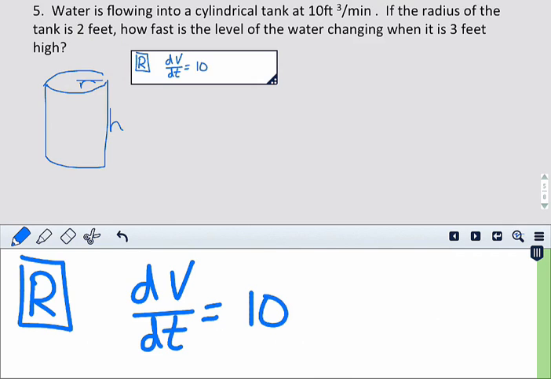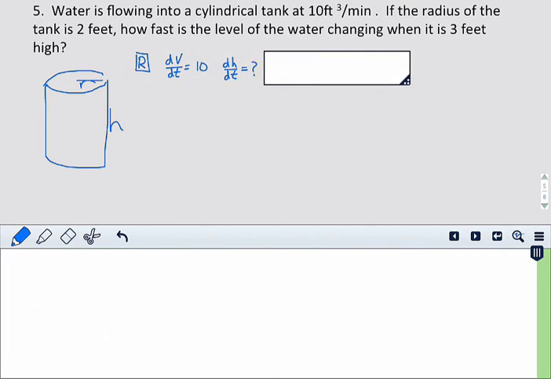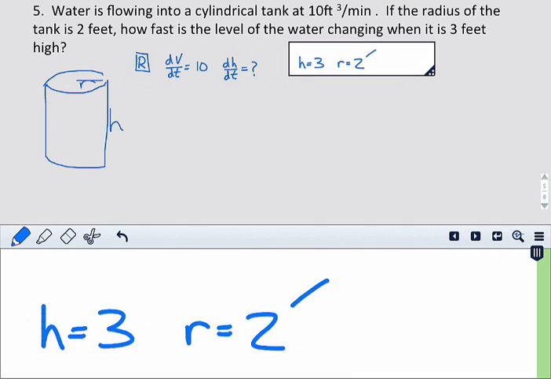We want to know how fast is the level of the water changing. So in that case, that's going to be dH over dt. And we want to know this when it's 3 feet high, so when h equals 3. Now you also notice that the radius of the tank is 2, and this is pretty important that the radius here is constant.